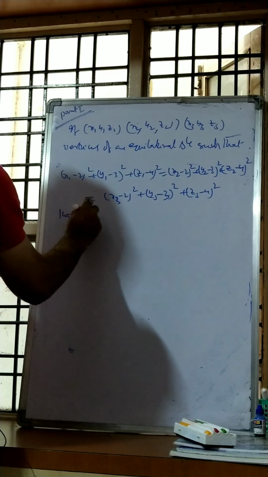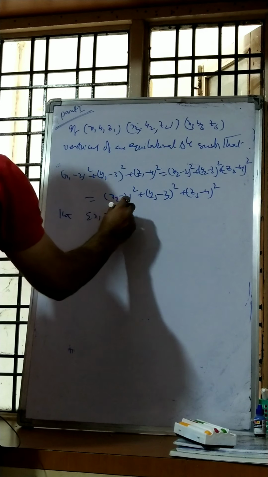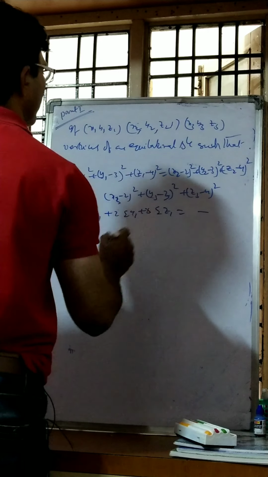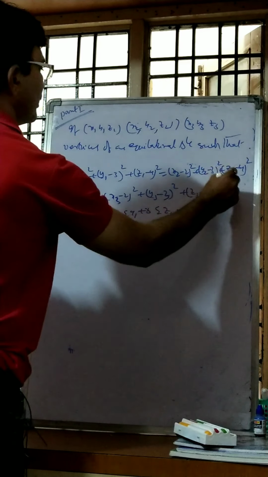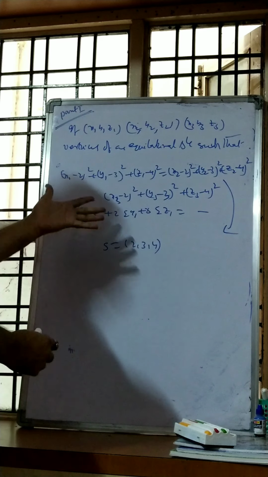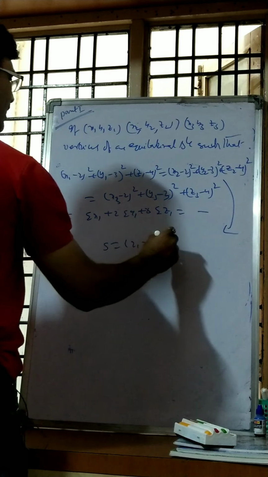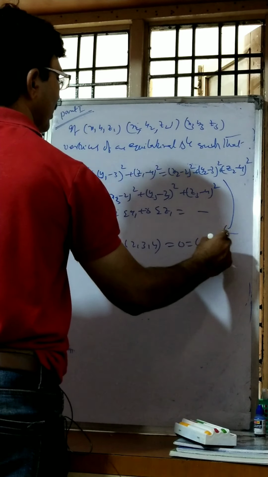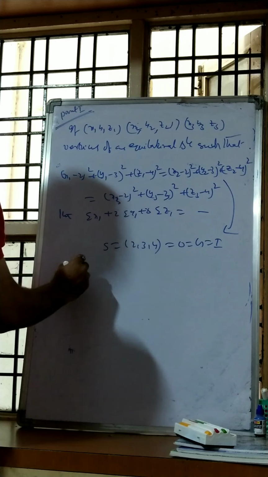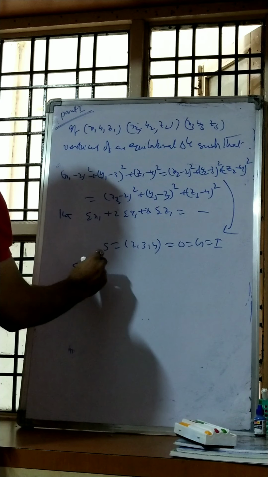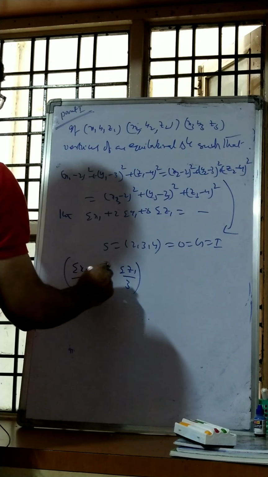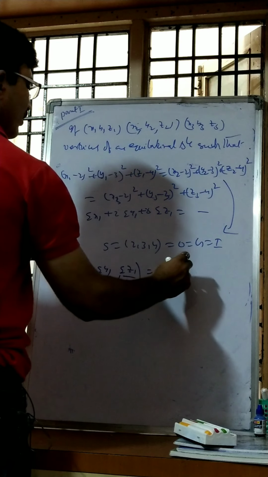Then he is asking here sigma x1 plus 2 sigma y1 plus 3 sigma z1 is equal to how much? Sir, this condition says that S is (2, 3, 4), sir. Directly we can say 2, 3, 4. S is nothing but O, nothing but G, equal to I, because the triangle is an equilateral triangle. So, guys, sigma x1 by 3, sigma y1 by 3, sigma z1 by 3 is also S, so 2, 3, 4, sir.